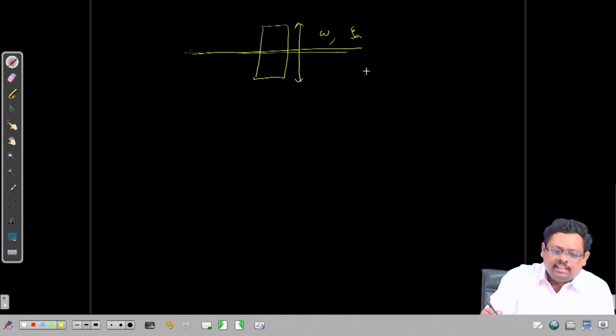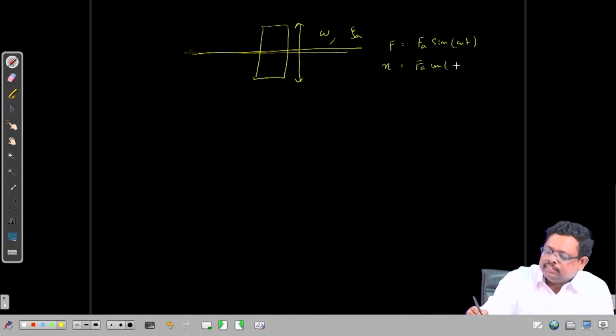You can do both: you can assume that your forcing function f is equal to some f a into sin omega t, and then you can assume your displacement x is f a into sin omega t, and then with some phase epsilon.